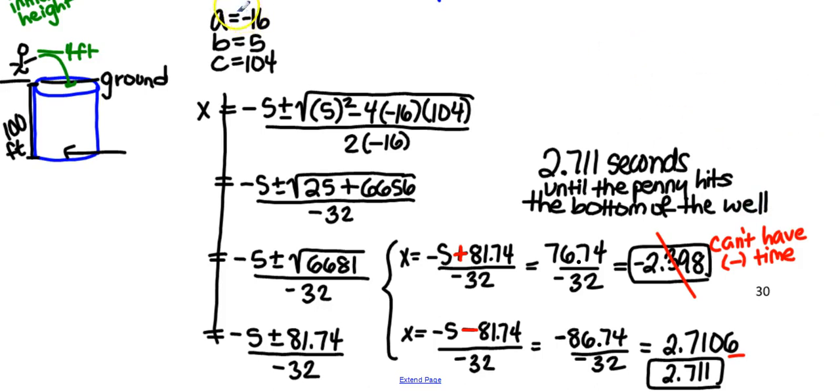Well, if I look at what this would look like on a coordinate plane, the man is releasing the penny at a height of 4 feet. And that penny is being launched in the air, and it's falling to the bottom of this well, which is at -100 feet.